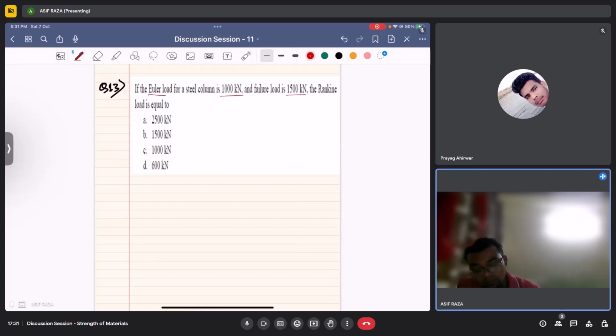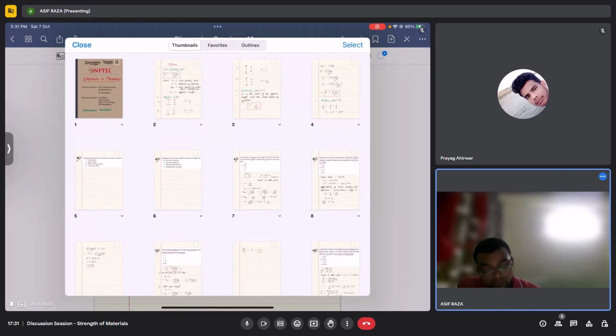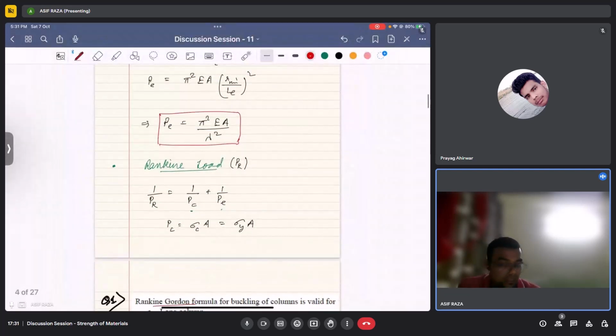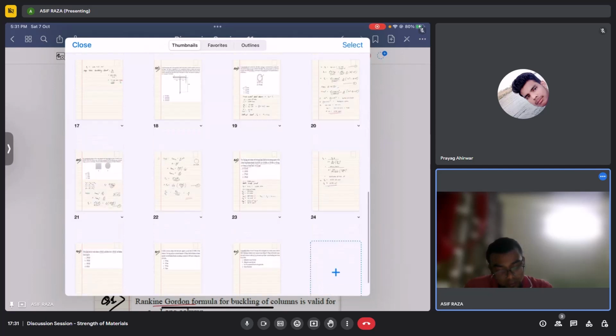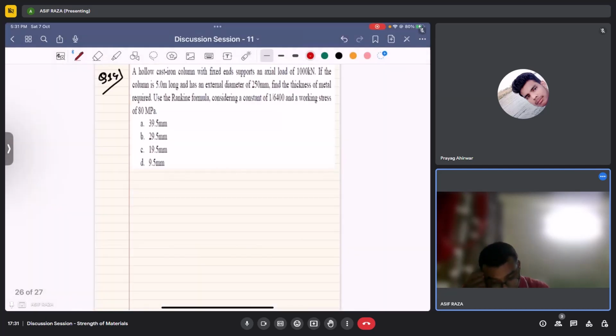If you remember what I told in the starting of this session, the Rankine load is calculated by 1 upon PR is equal to 1 upon PC plus 1 upon PE, where PC is my failure load, PE is Euler load, and PR is my Rankine load. So we need to use this particular formula for the given question.